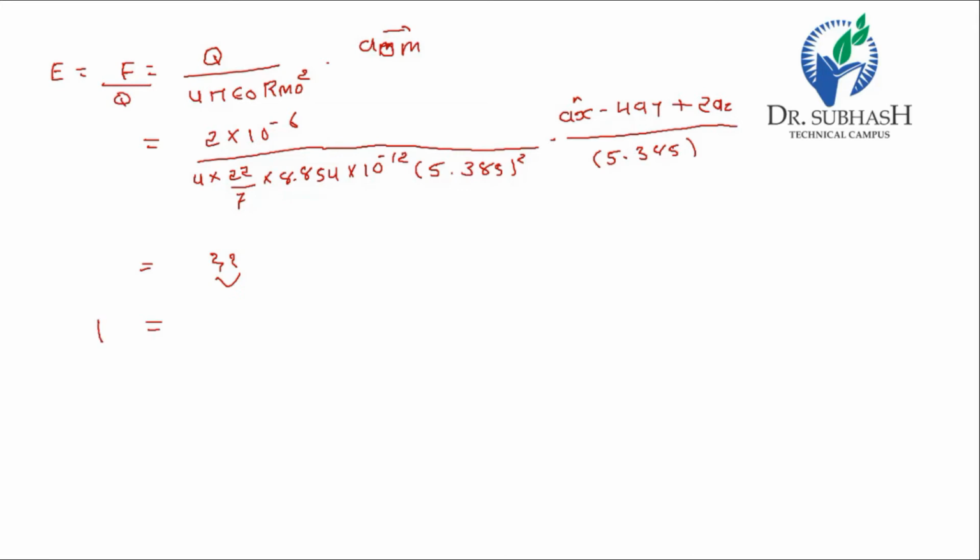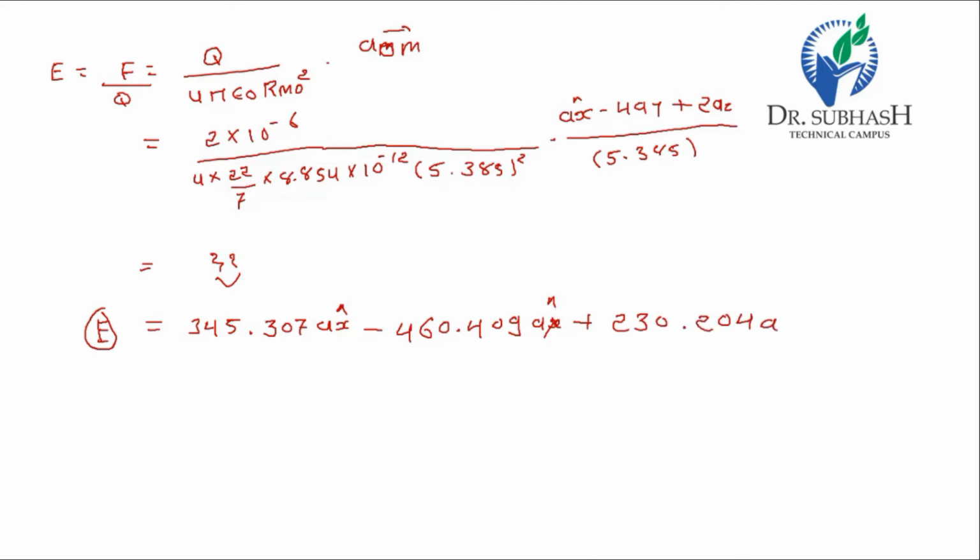If we try to solve it, we get electric field intensity E equal to 345.307 in X direction minus 460.409 in Y direction plus 230.204 in Z direction, volt per meter.